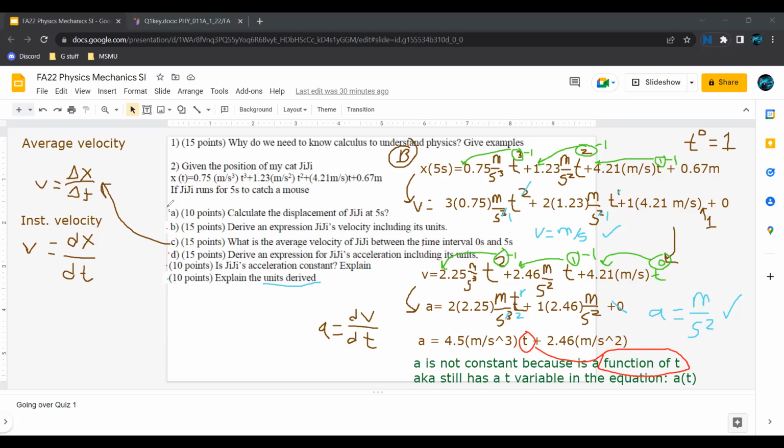We calculated displacement earlier, where I erased it, but x at 0 seconds was 0.67 meters. I could probably actually just type this. It'll be easier to see.